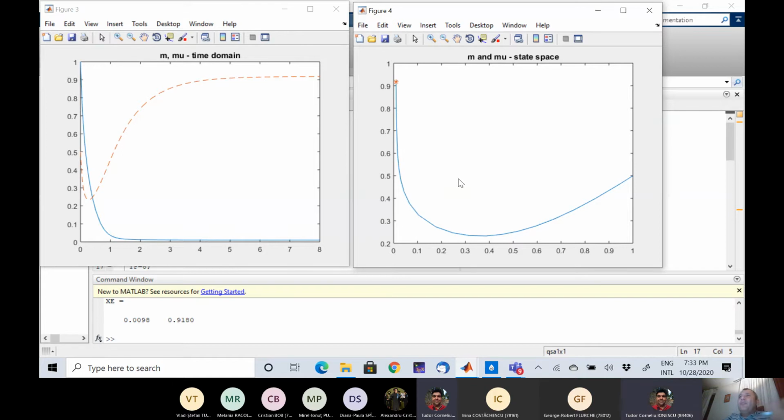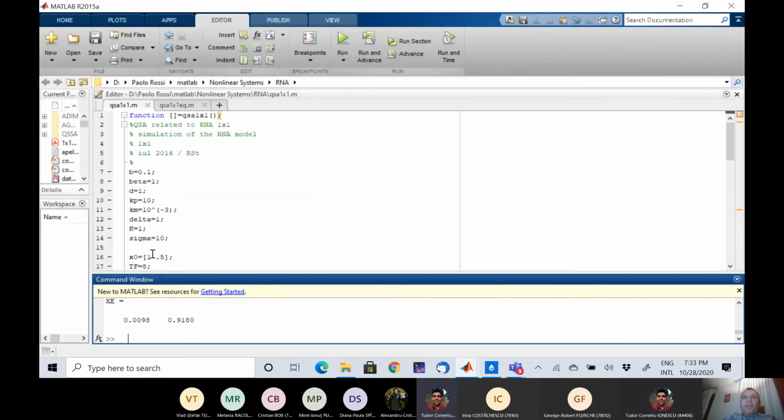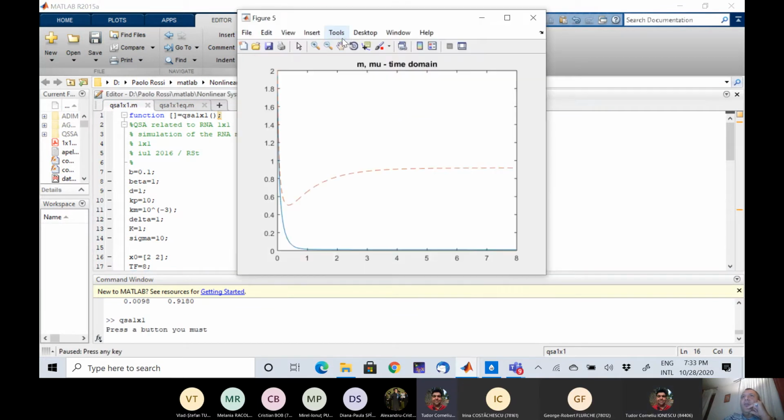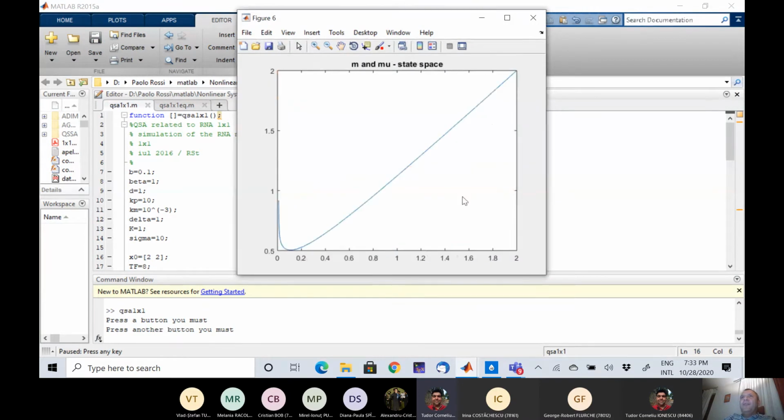This is very nice. You can play with different initial conditions, right? So let me change here. I can put here, let's say, 1 and 2, or I can put 2 and 2. Let's see what happens. You notice that the values look to be very similar, right, Tudor?